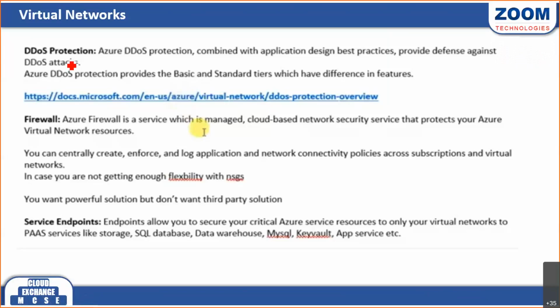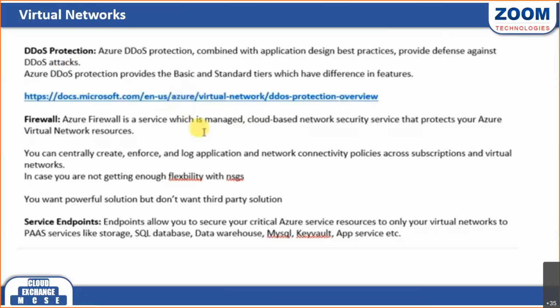The first service is called DDoS protection, guys. DDoS stands for distributed denial of service, guys. Distributed denial of service is used to protect your network, guys. In any case, if hackers are attacking your network, guys, DDoS will stop it.